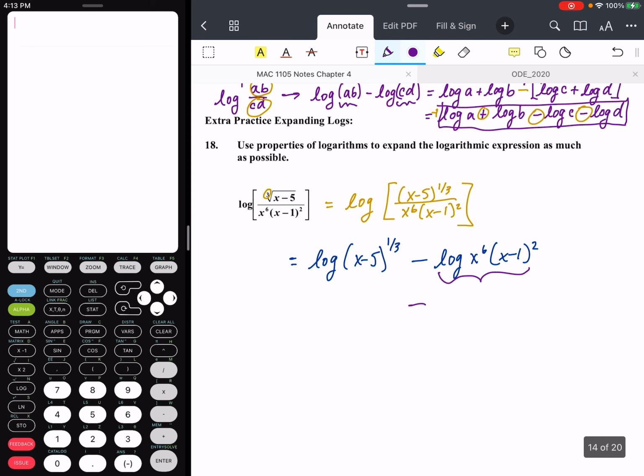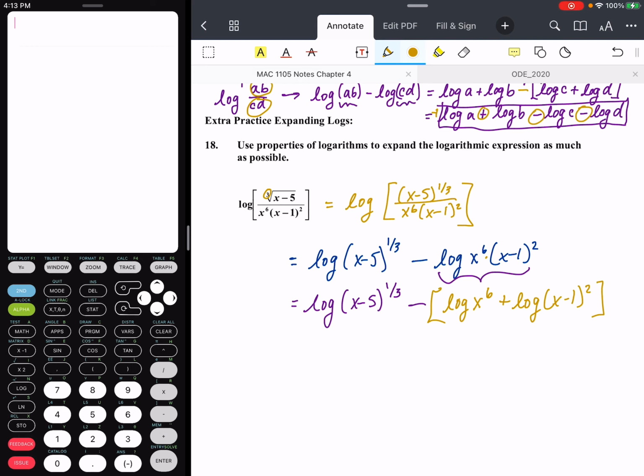And then notice we have this minus sign out here. I'll just carry this stuff down for now. So we have this minus sign out front. I'm going to put brackets around this. If I want to break apart log of x to the 6th times x minus 1 squared, because these are multiplied, I have a product. I'm going to use the product rule. Turn this into log of x to the 6th plus log of x minus 1 squared.